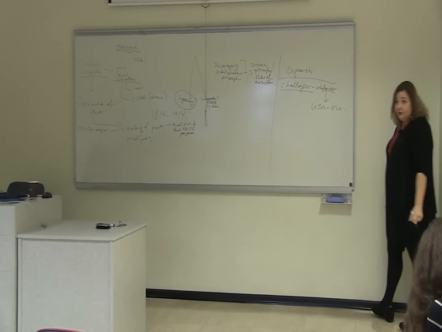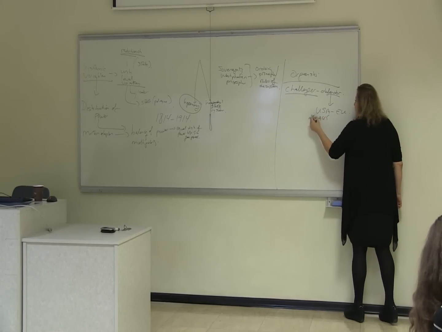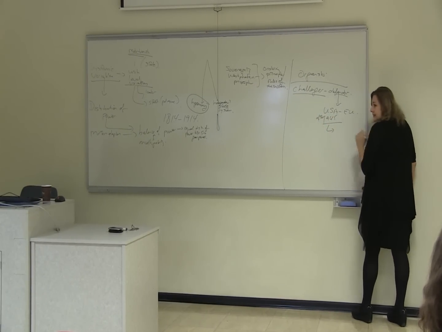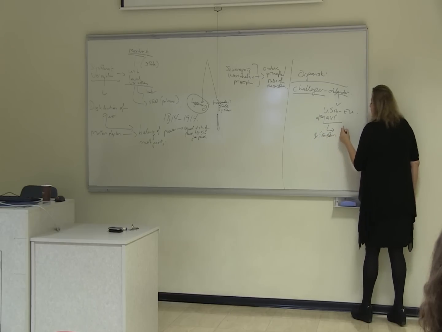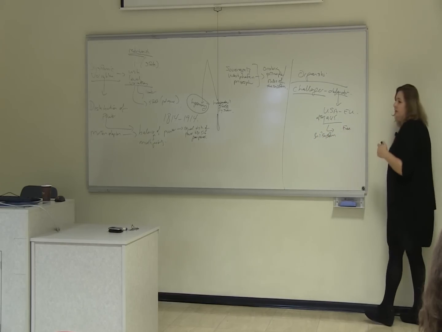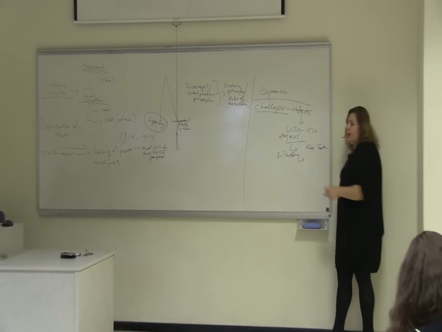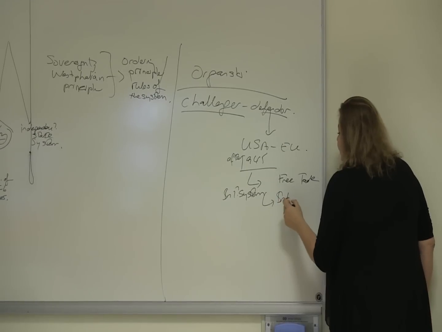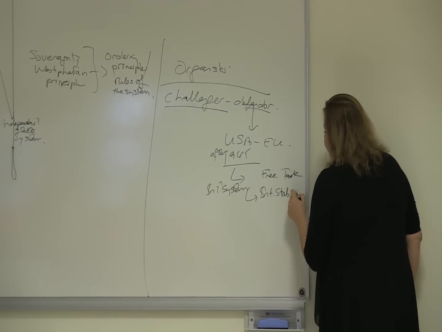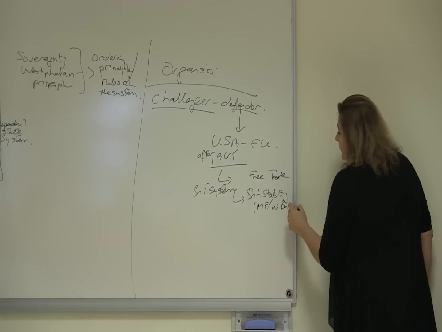What did they do after 1945? They actually built an international system with specific rules. You have free trade as a rule, or relative free trade. You have the Bretton Woods system, international financial stability through the IMF and the World Bank.